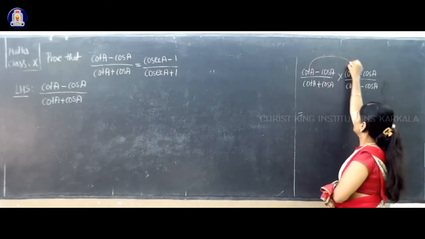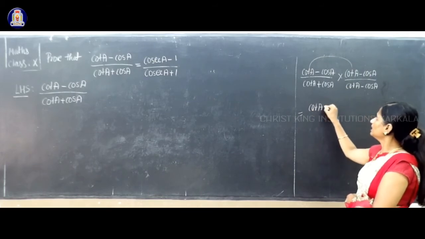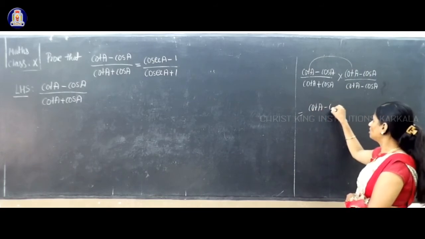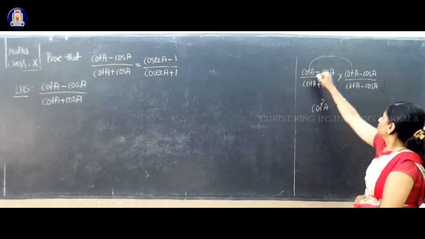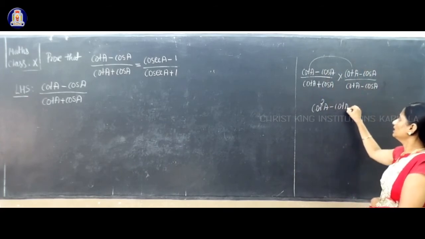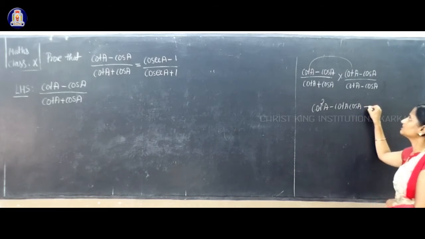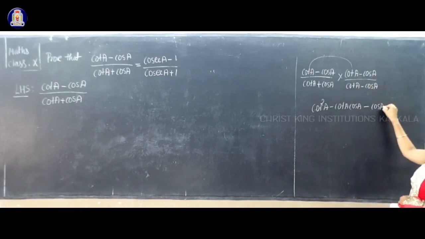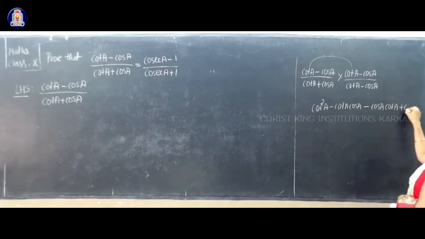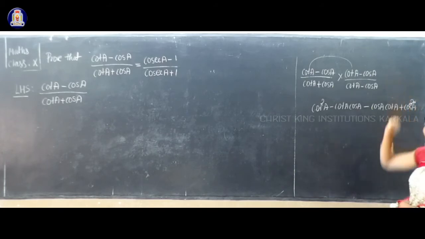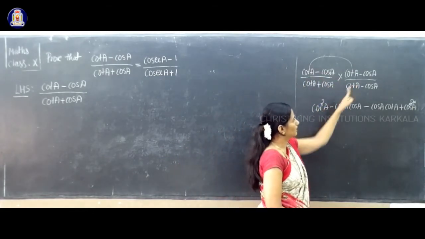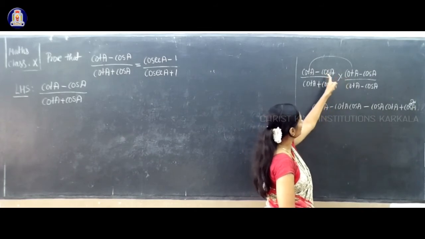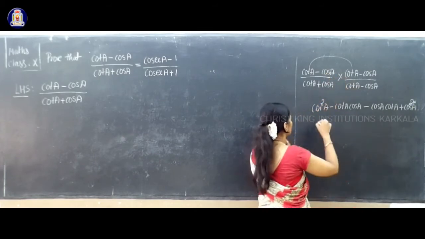Otherwise I will multiply directly. Cot A into cot A is cot square A. Cot A into minus cos A is minus cot A cos A. Next, minus cos A into cot A, plus cos A into cos A is cos square A. In the numerator, binomial simplification.